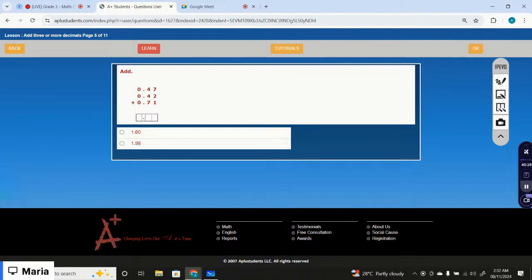The next one is 0.47 plus 0.42 plus 0.71, which is the correct option.